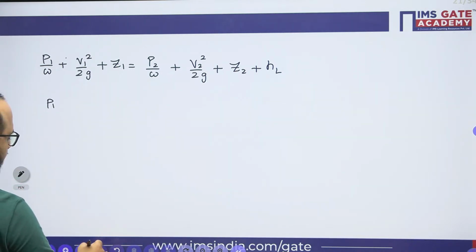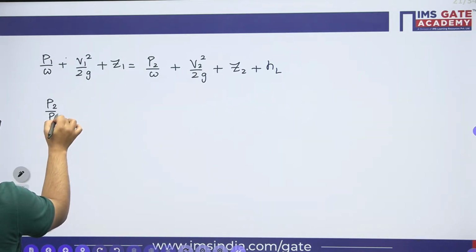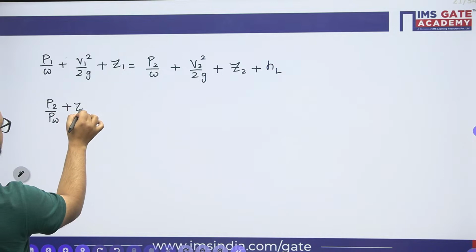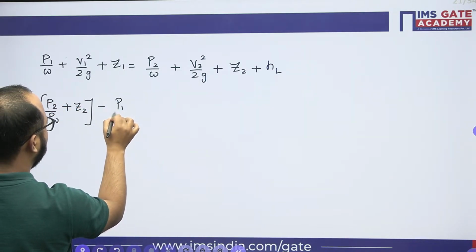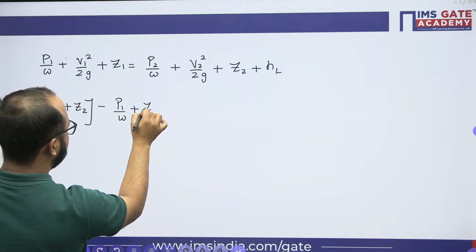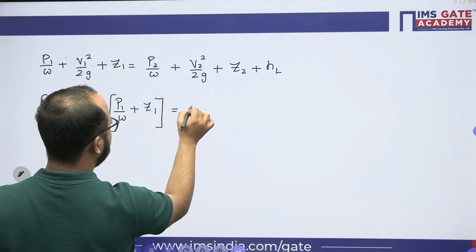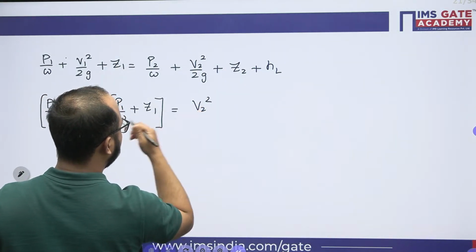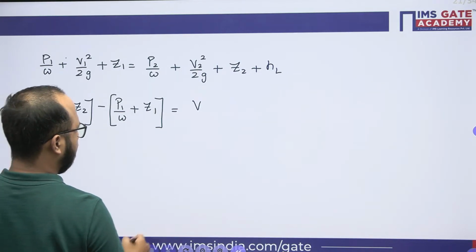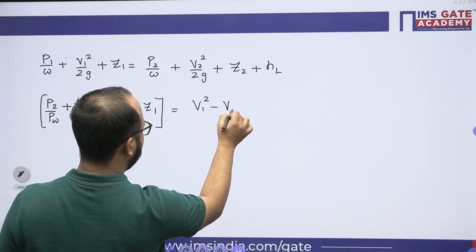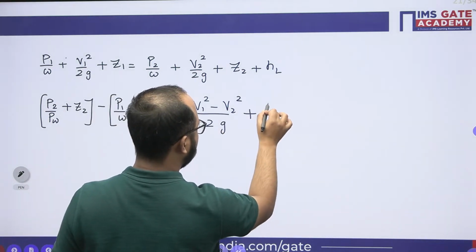We'll write P2 plus Z2 minus P1 plus Z1, and here V1 square minus V2 square by 2G plus losses, whatever the losses are.